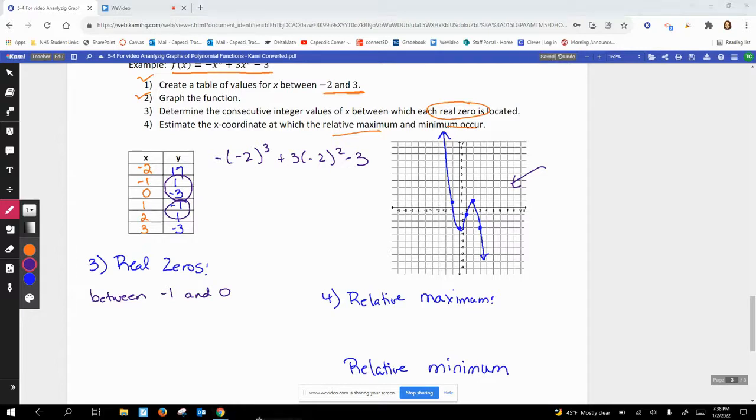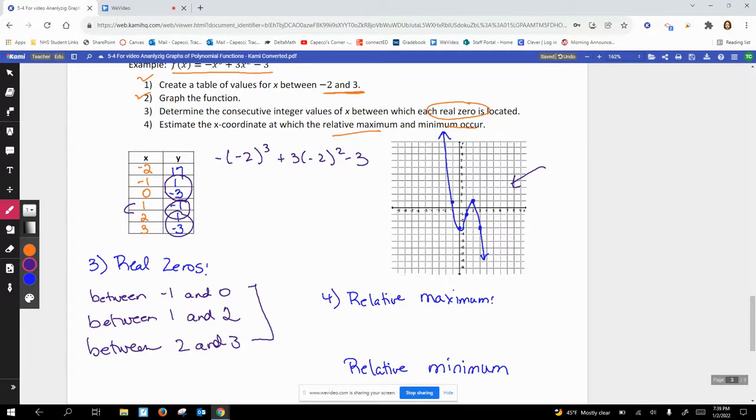That's on my f of x side between -1 and 1, but really it's going to be between 1 and 2 on my x-axis, looking at these values. And my last one, there's another change here. So it's also going to be between 2 and 3. So all of these are called my real zeros, my solutions, my roots.